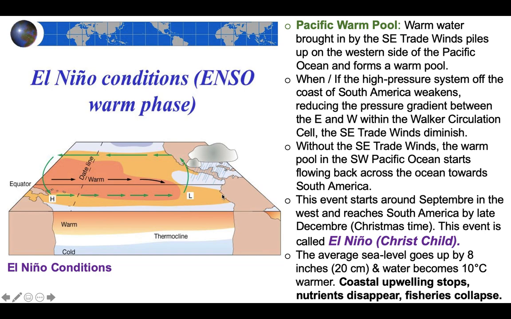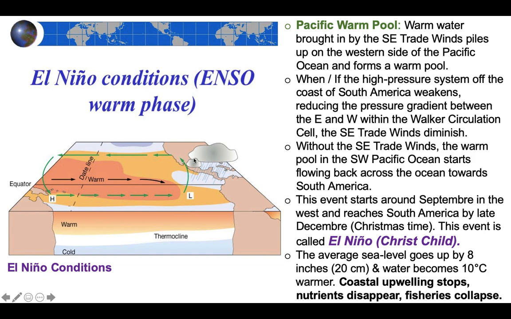And this is absolutely detrimental to the economy of the South American continents in the north, particularly Peru. And so coastal upwelling stops, nutrients disappear, and fisheries collapse when El Nino happens.